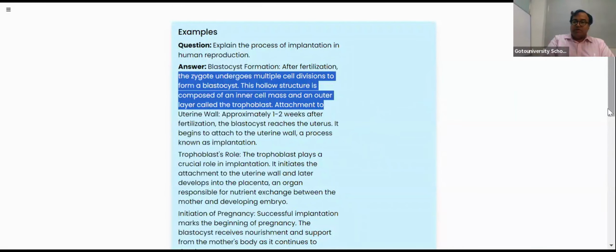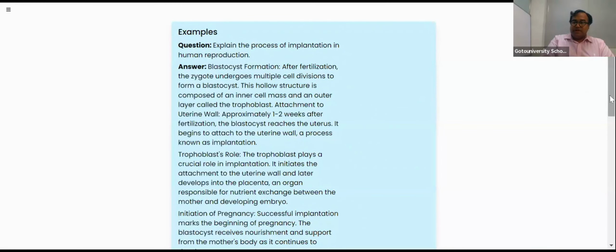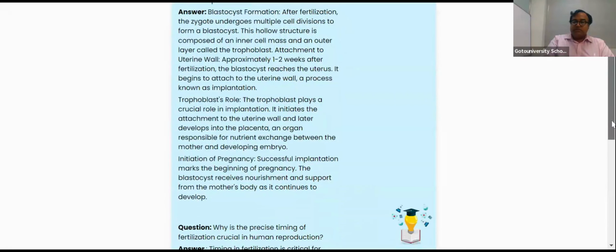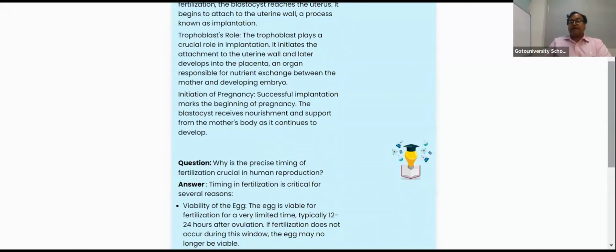Now, how does pregnancy initiation happen? Successful implantation starts the nourishment. The blastocyst gets nourishment from the mother's body. Through what? Through the placenta.